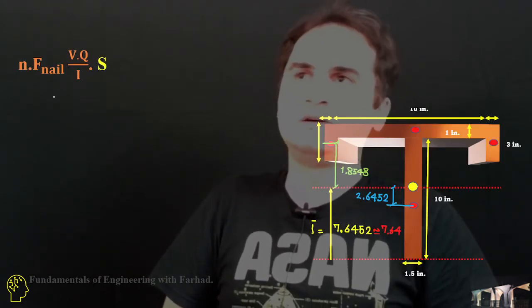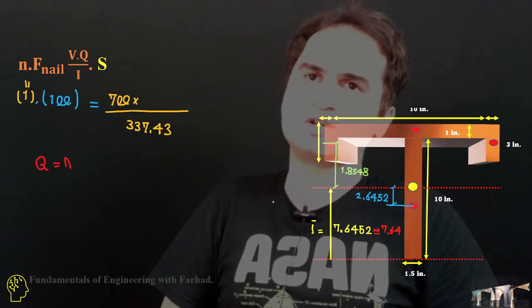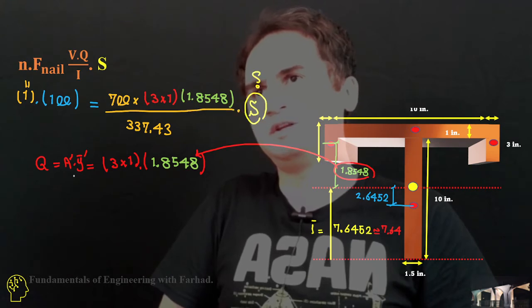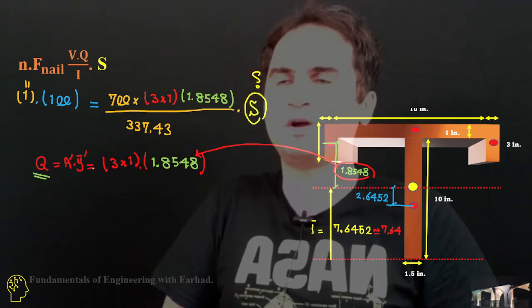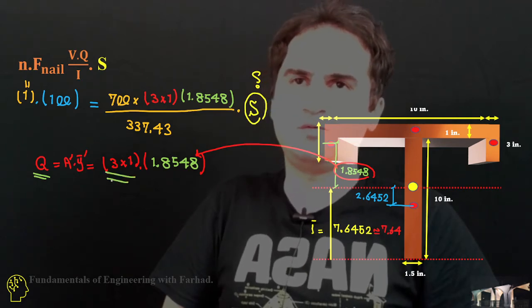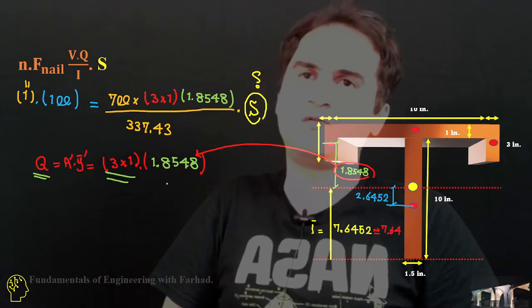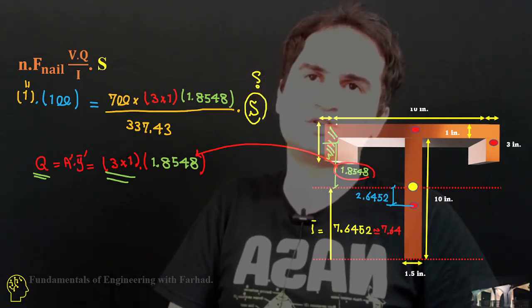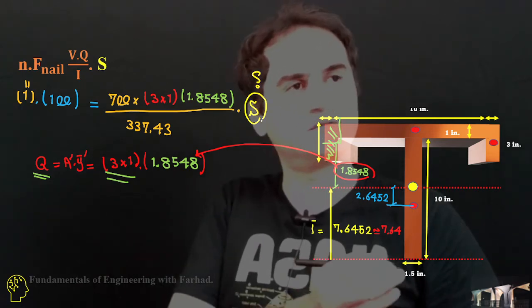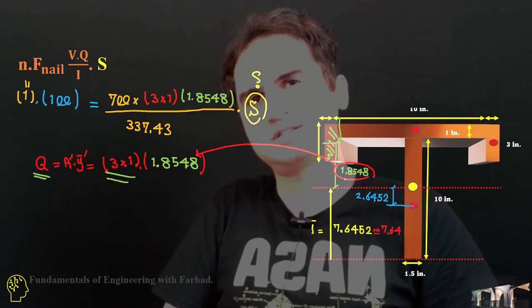And then for placing in the equation, it gives us Q, which is the first moment of the area, A prime times y bar prime. We know what our area is from the previous part, and our y bar prime is the distance from the centroid of this additional part, which is attached to this flange, to the centroid of the entire system, which is 1.8548.